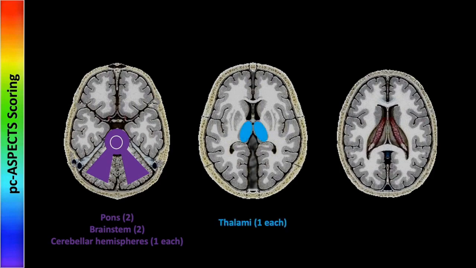Next, we have the thalami, which count 1 each, and the occipital lobes, also 1 each. So there you have a total of 10 points, and these are accrued and scored in just the same fashion as a regular aspect score. You get a point for each one of these structures that is normal. So again, that's the pons, brainstem, cerebellar hemispheres, thalami, and occipital lobes.